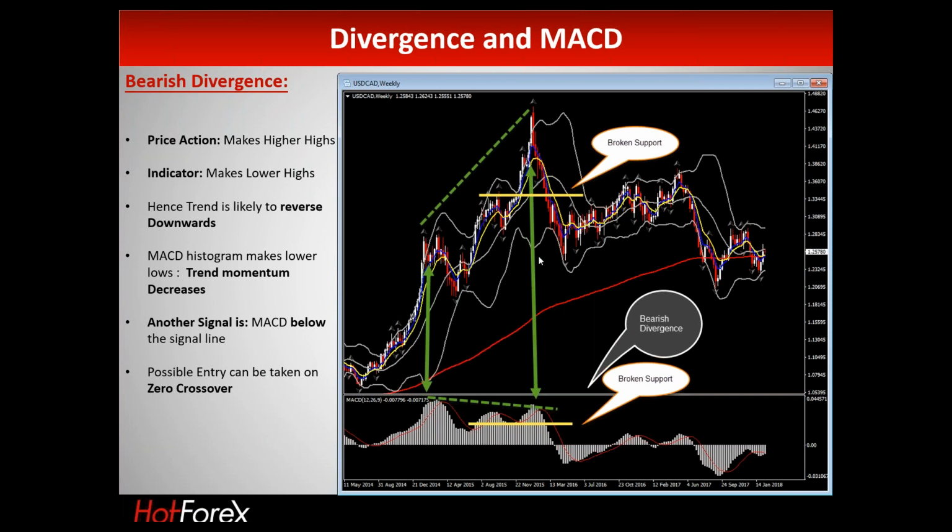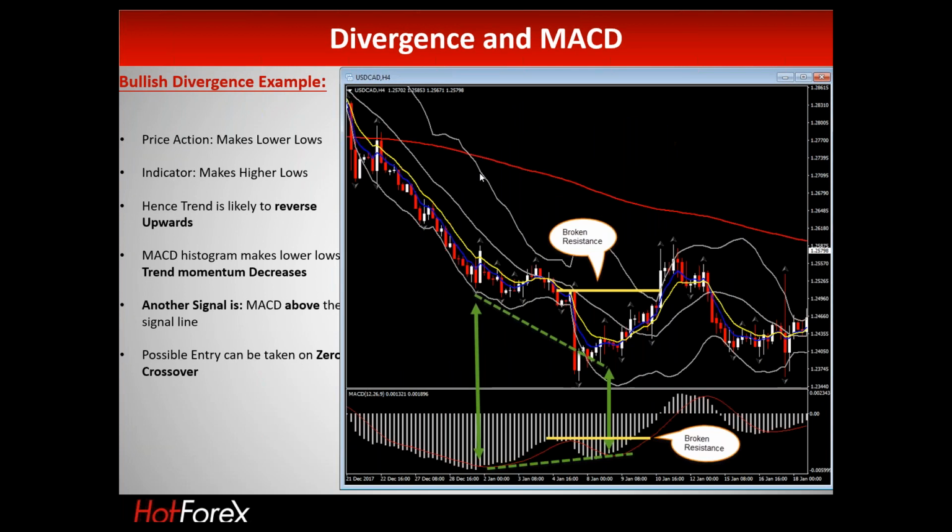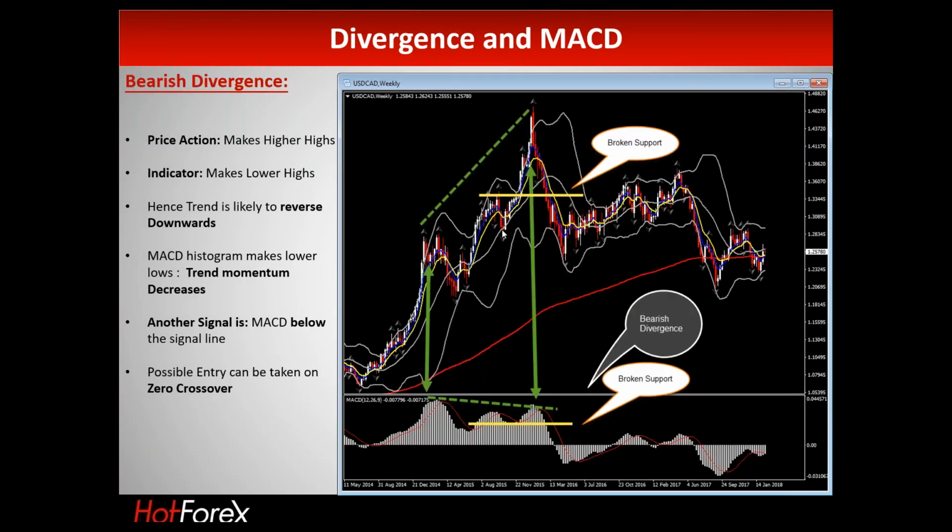What Shiraz is actually asking is: I'm seeing that my asset is making higher highs, and I put in my lines in order to confirm that this is a divergence.